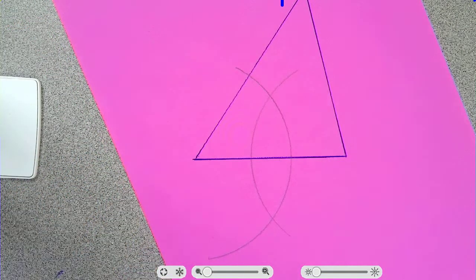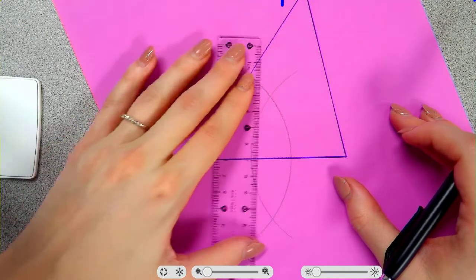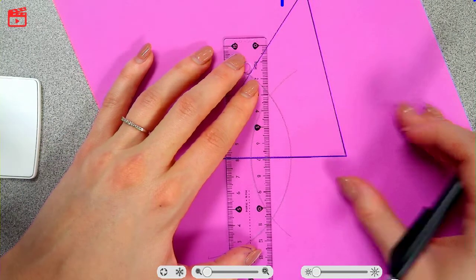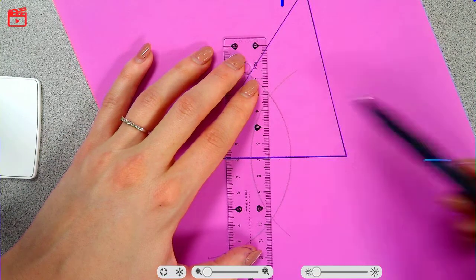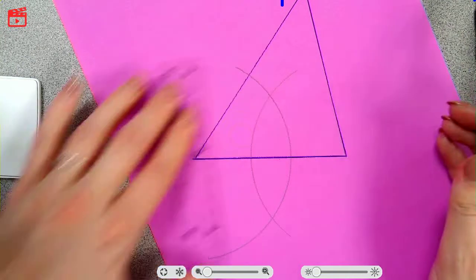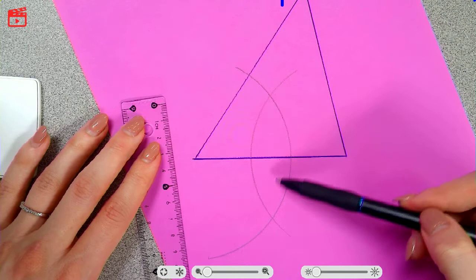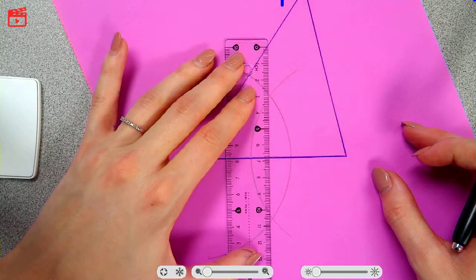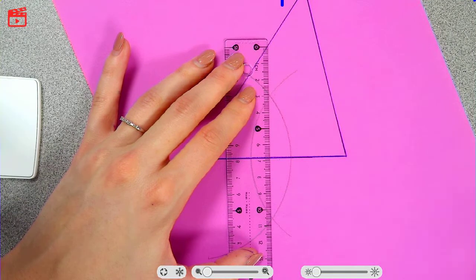Okay. You're going to take your ruler and you're going to connect these 2 points with the ruler. Do you see what 2 points I'm talking about? The two intersections. So that it intersects up here and it intersects down here. Put your ruler right next to it where they intersect. Like this.